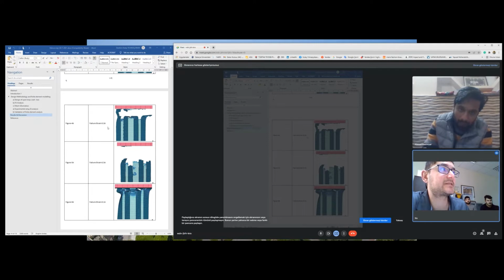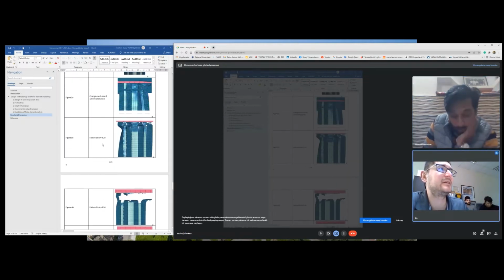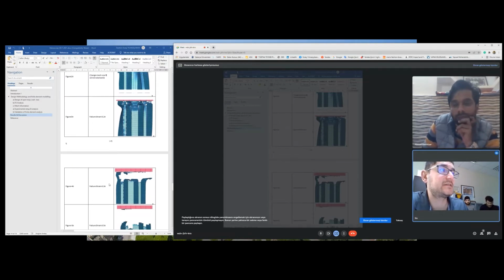During the failure strain, what LS-DYNA is doing is erasing the elements. You are telling LS-DYNA that when the failure strain of a single element reaches the point, for example, 0.2 here, it is going to erase the element, and these gaps are coming from that. You increase it, try to understand what is going on.